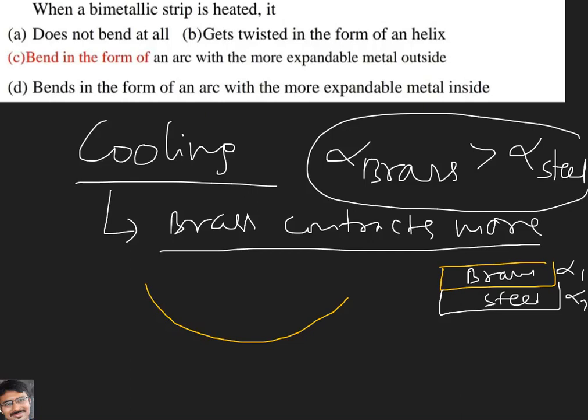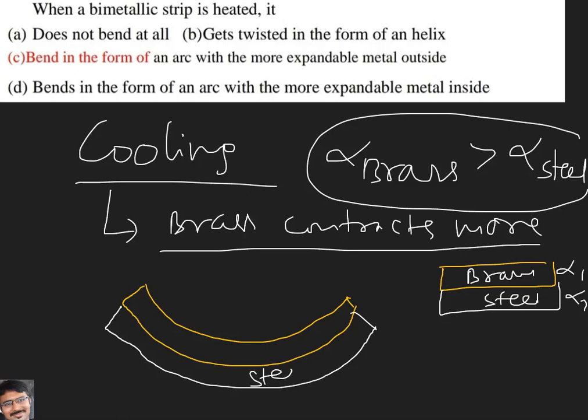The shape we get is like this. And the outside one now, what will happen? The outside one will be steel and the inside one is brass. So the more expandable is on the concave side, the less expandable is on the convex side.